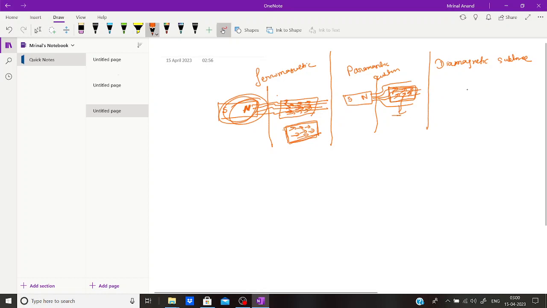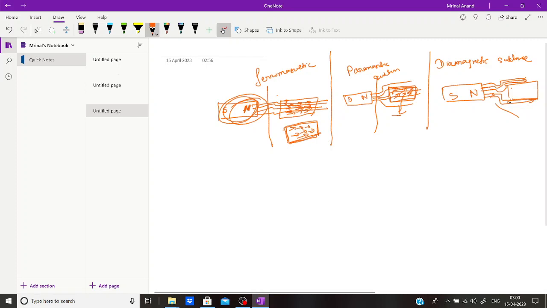And finally we have the diamagnetic substances. Suppose we have this north, this south, and you put in this diamagnetic substance. If you try to move the magnetic field through it, no magnetic field will pass through this diamagnetic substance.